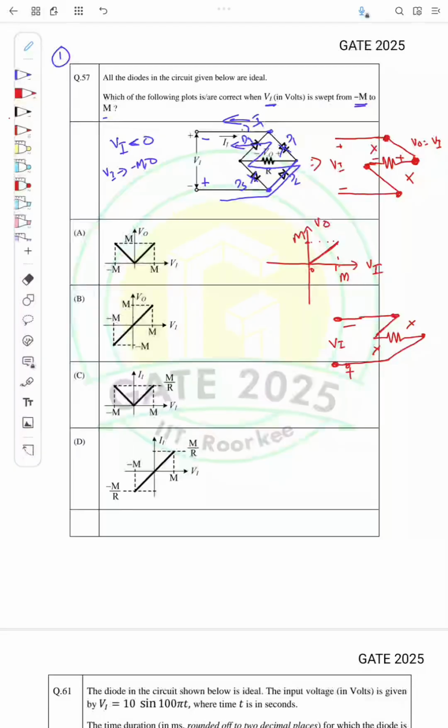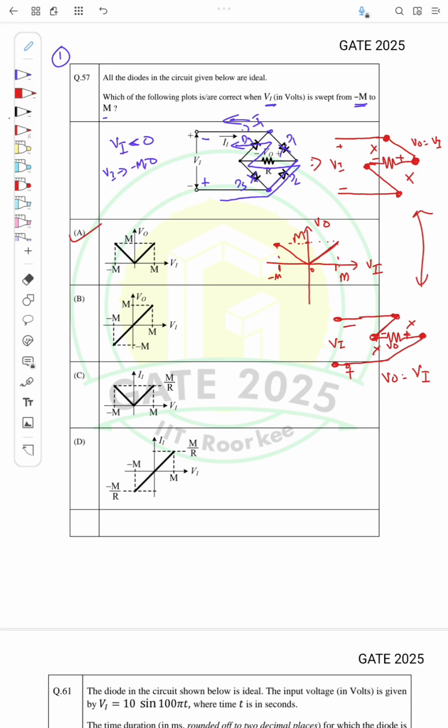This plus is at this node, and this minus is at this node, and we know this is the voltage V0. So V0 is again equal to Vi itself, and the polarity is the same as previous. So as Vi changes, the voltage V0 is still positive. So it will be like this, and the answer is A.